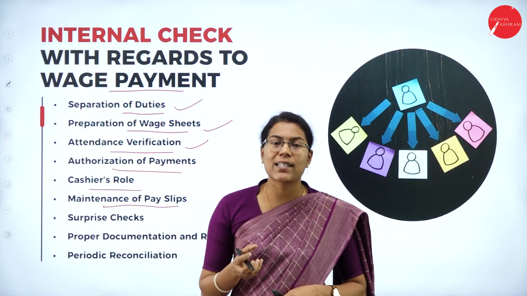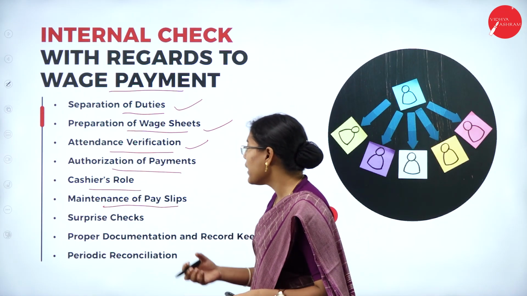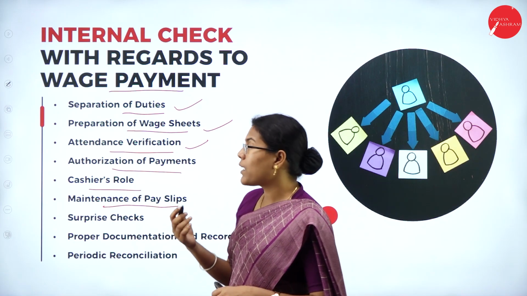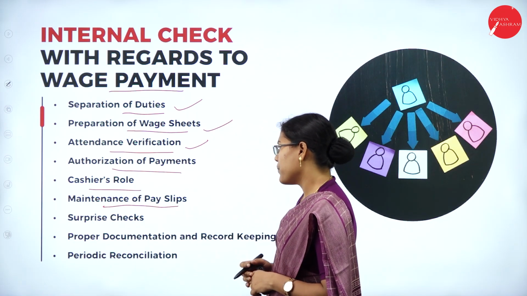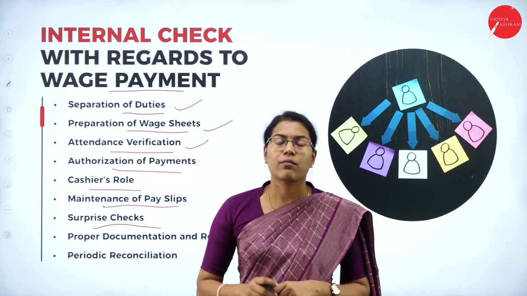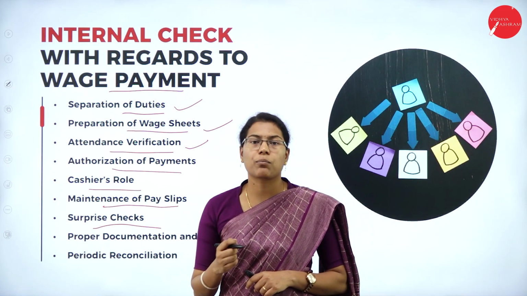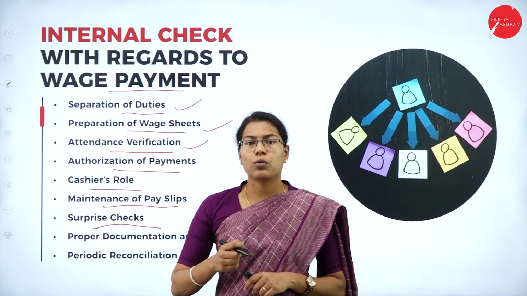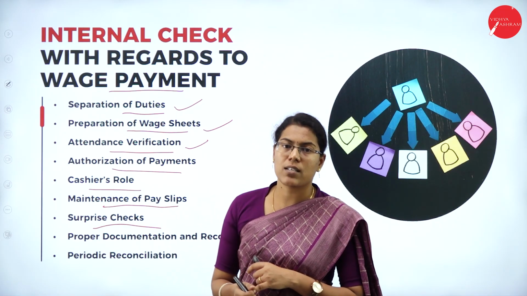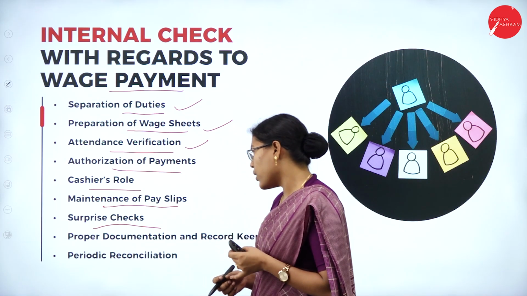Proper pay slip maintenance is to be done, and it is again a method utilized under internal check. Then there must be surprise checks, unexpected checks, so that proper checking is done with regard to the calculation of wages and payment of wages to the workers.